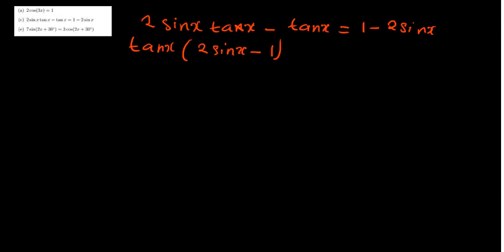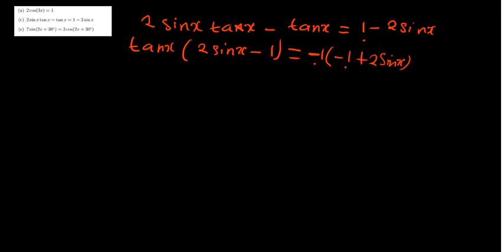When we factorize, we remain with 1 equal to, and on the other side we can factorize -1. So we factorize -1 and remain with -1 plus 2 sine x. If we want to expand that, it brings 1 minus 2 sine x, since -1 multiplied by -1 gives 1, then -1 times 2 sine x gives minus 2 sine x.